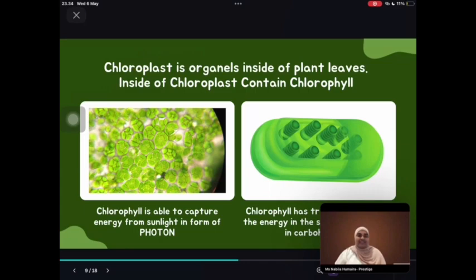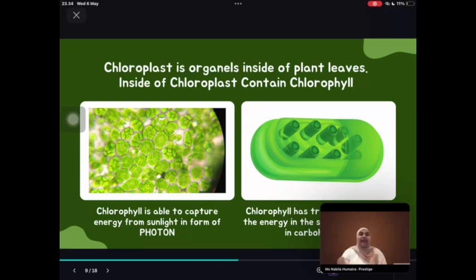So guys, chlorophyll is a green pigment, and chlorophyll is located inside a tiny but very functional organelle, namely the chloroplast. So chloroplast is an organelle inside a plant leaf, and inside the chloroplast is chlorophyll, a magic green pigment.